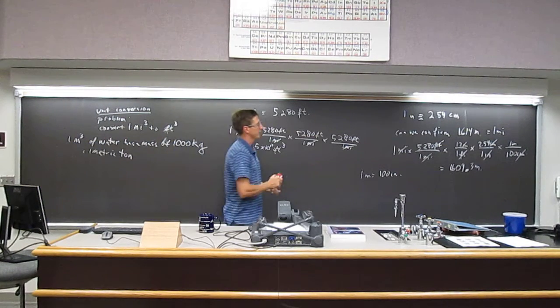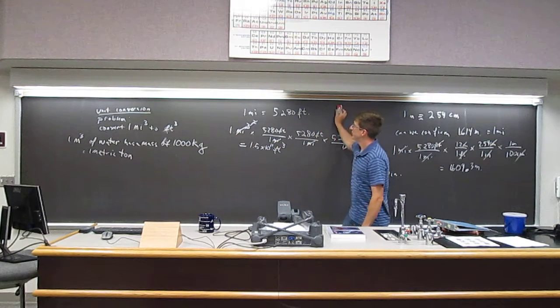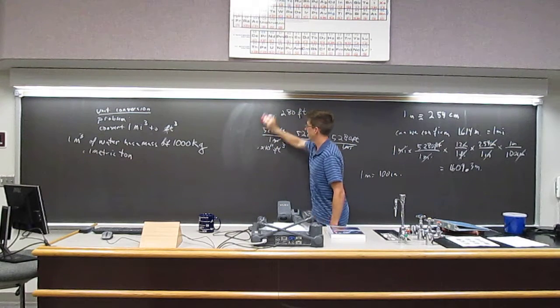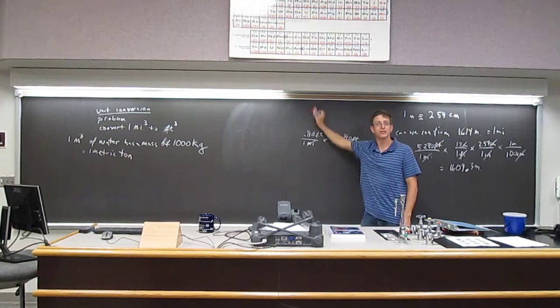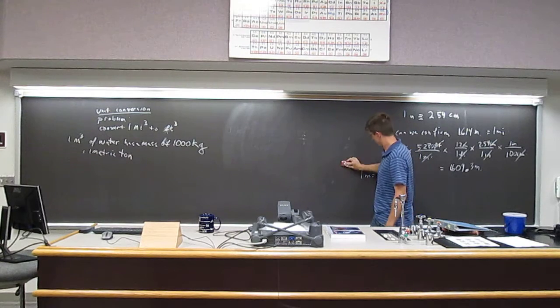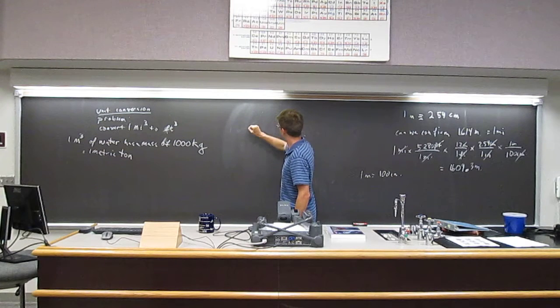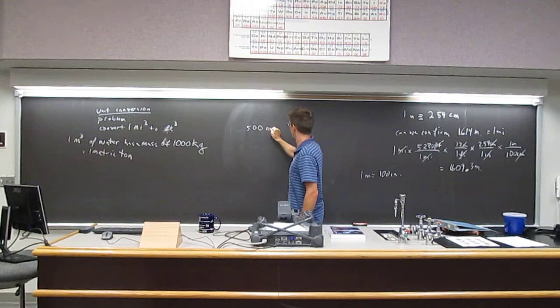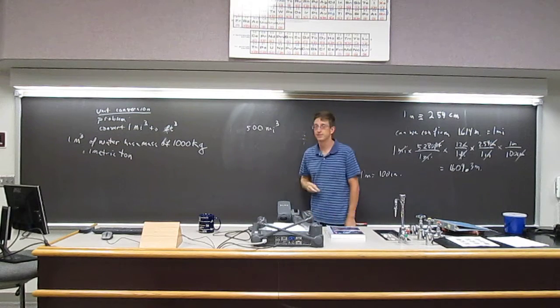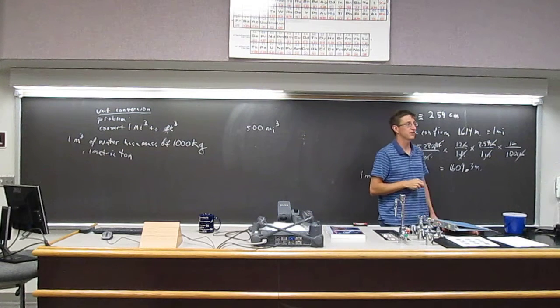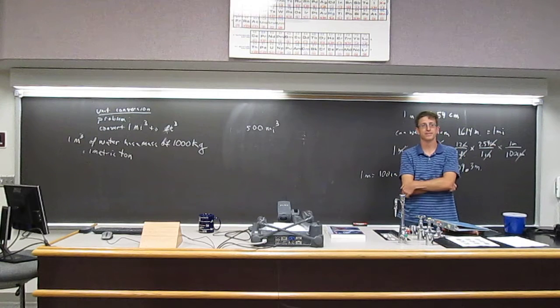So let's go over here and say, okay, Glacial Lake Missoula, 500 cubic miles. Let's convert that to cubic meters. So if I wanted to convert 500 cubic miles to cubic meters, what should I do?